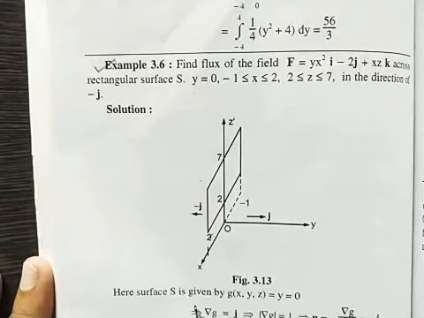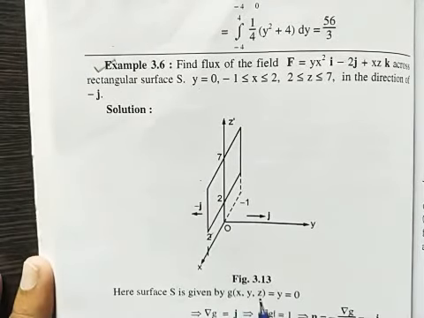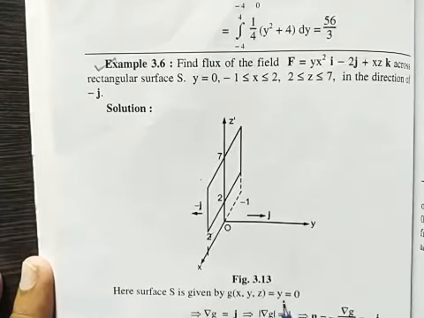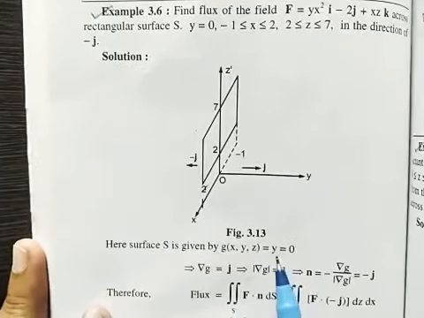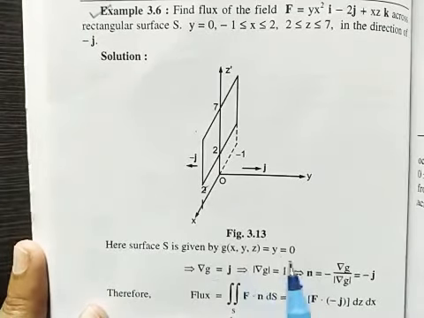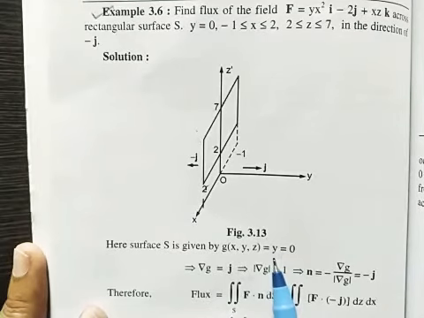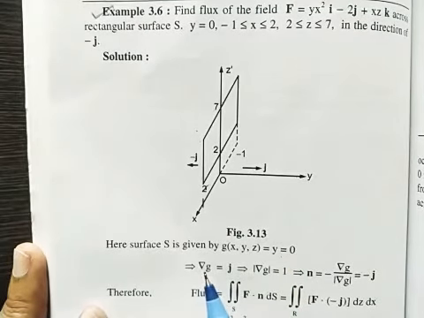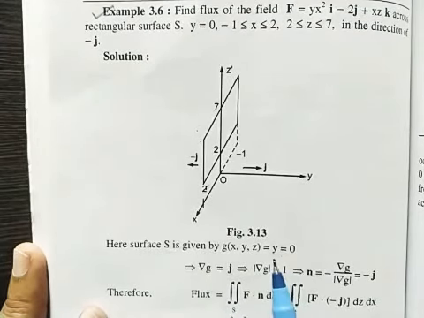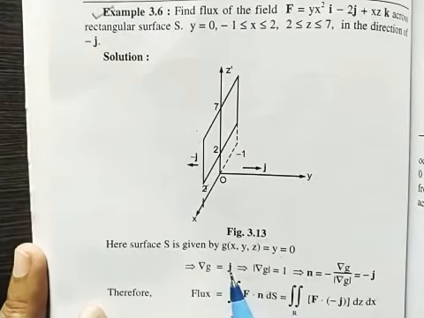So here surface S is given by g of x y z is equal to y is equal to 0. We can represent g by this equation. From that del g will be what? Now here is only y, means its del will be its partial derivative with respect to y, that is 1 into j, that is j.